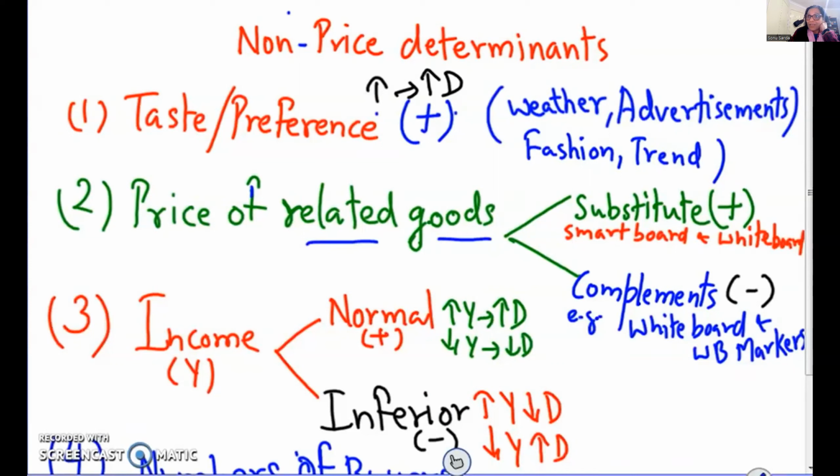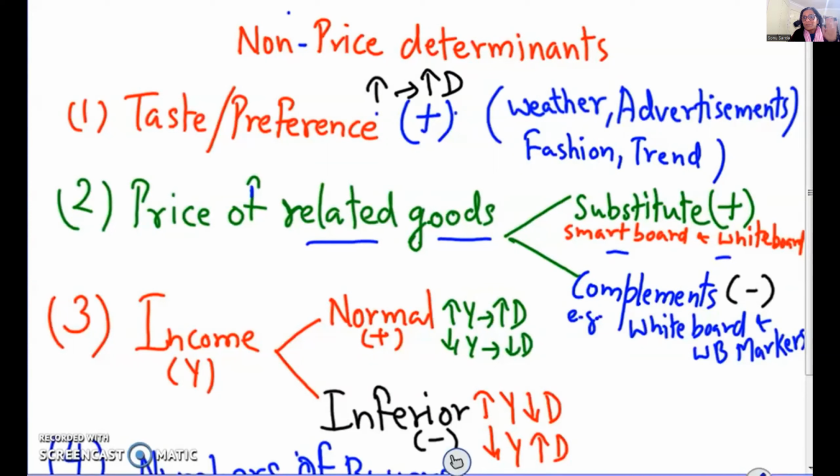If you look at the price of related goods, there are substitutes and complements. Substitutes are goods that can be used for one another. Complements are goods that go hand in hand, so they are consumed together. For substitute goods, smartboard and whiteboard is the classic example. On the other side, complements are whiteboards and whiteboard markers.